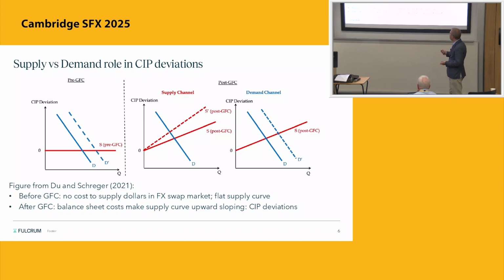And it's very simple. On the left-hand panel, you had that pre-global financial crisis, we can argue that the supply of synthetic dollar funding was perfectly elastic. So the elasticity was infinity. This is represented by the horizontal supply curve in the left-hand side panel.